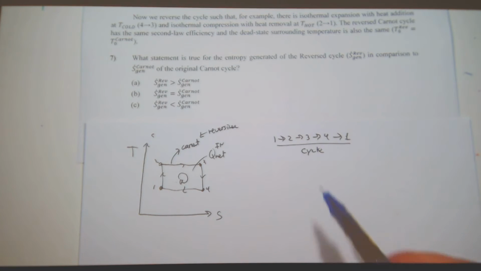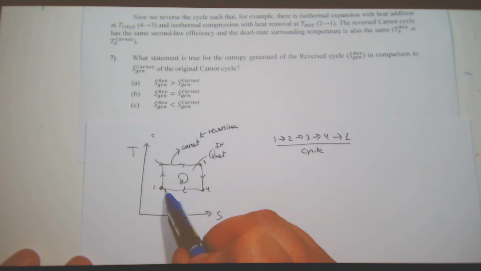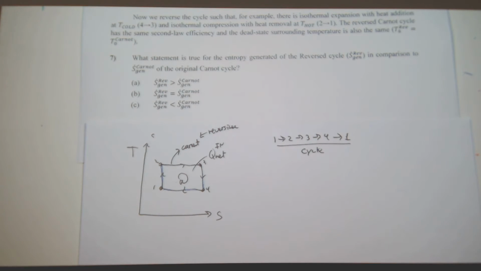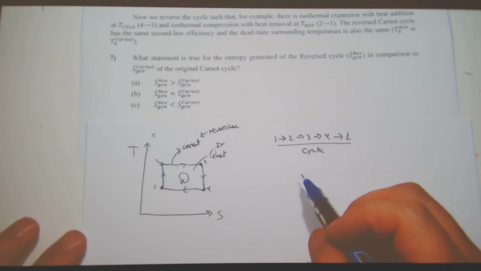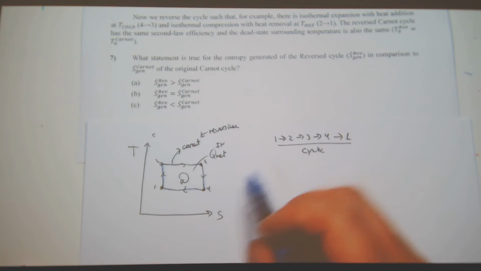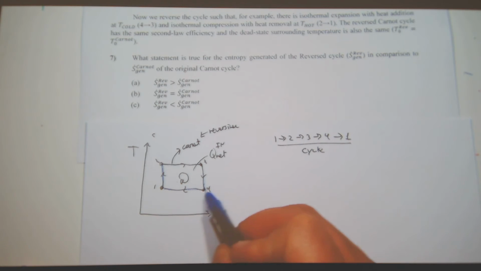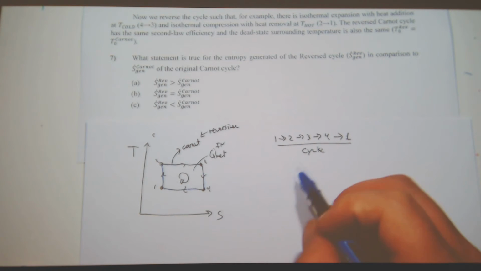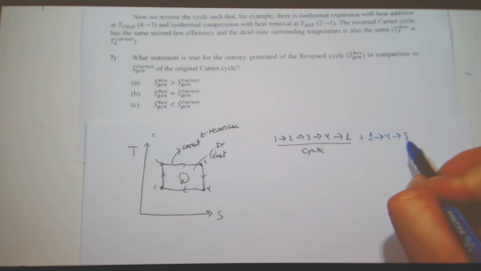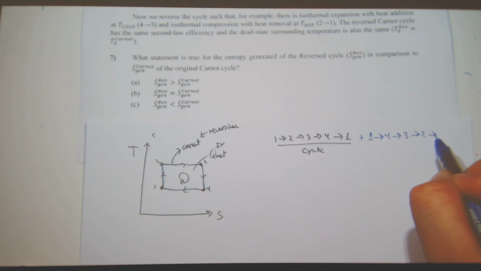Now if I reverse the cycle and go in this direction, this is the cycle, if I do a normal cycle plus a reverse cycle, 1 to 4 to 3 to 2 to 1.